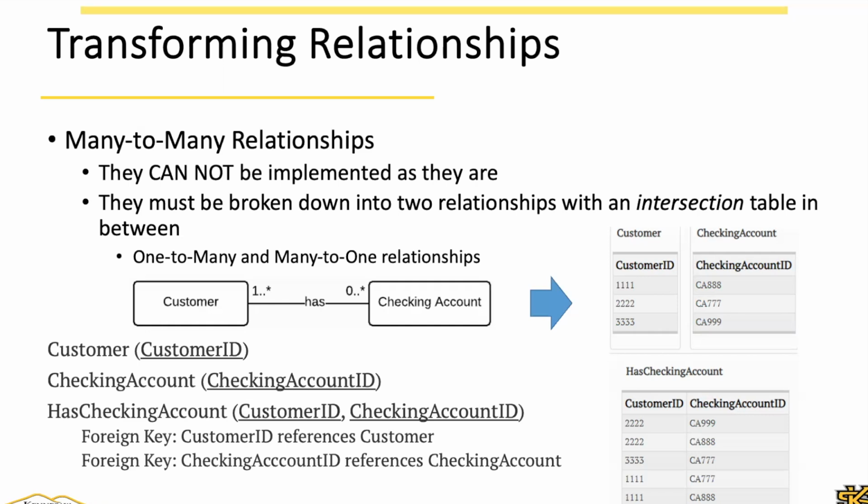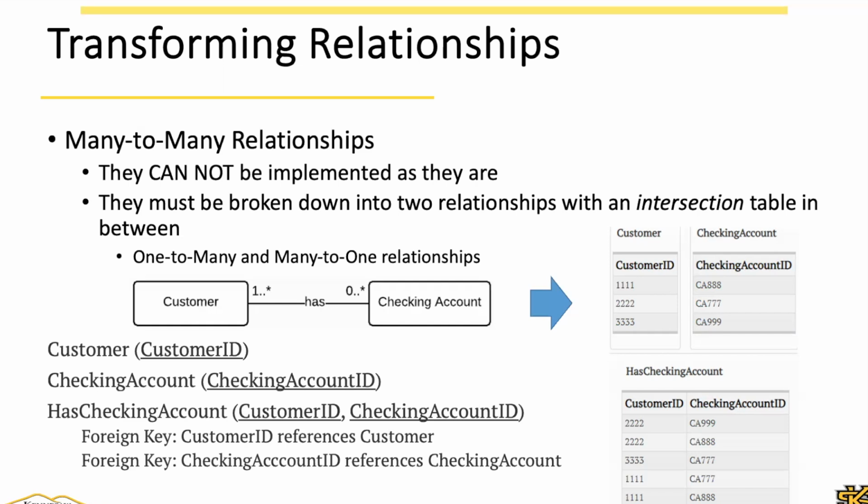The has checking account table only needs the fields necessary to create a link between the customer and checking account tables, effectively breaking down the many-to-many relationship into the one-to-many and many-to-one relationship.